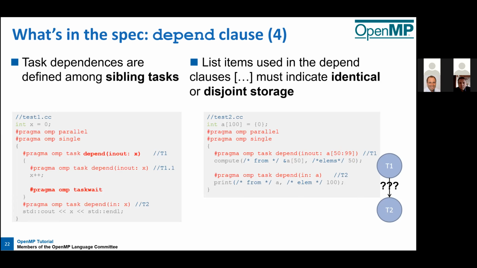If you go back to the Cholesky example, it's basically the starting address of the array block that is used for dependency matching. It's not the full block instead. All right.